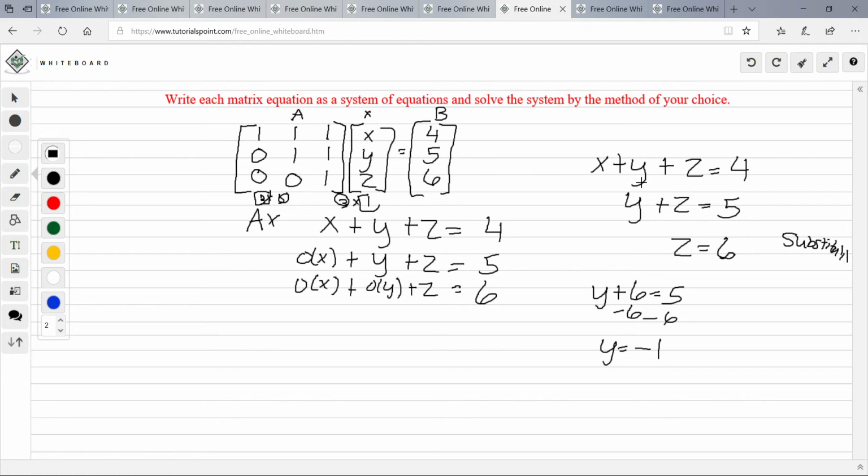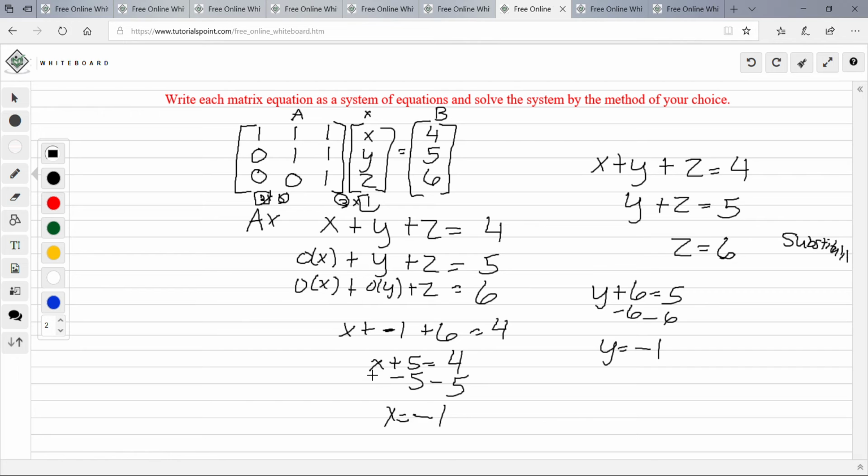Now let's find what x is. So we know x plus y, y is -1, and z is 6, equals 4. So 6 minus 1 is 5, so it's x plus 5 equals 4. And then subtract 5, x equals -1.